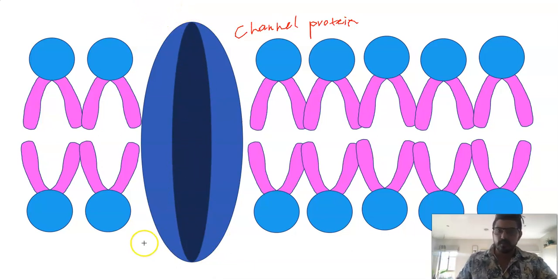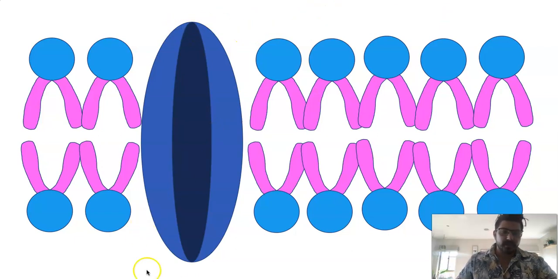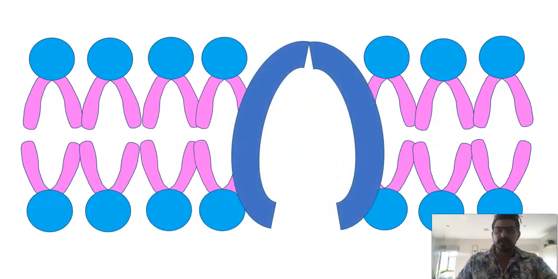Now, we're going to talk about what these things channel, but we know that channel proteins have the role of transport. That is important because the proteins in our plasma membrane have several roles, and one of them is in fact transport. As well as these transport proteins, we also have another type of protein.